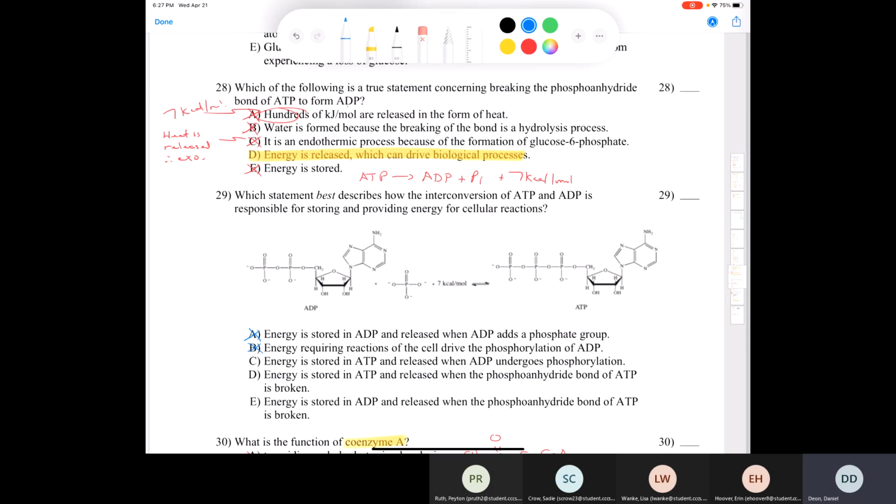No. Energy is stored in ATP and released when ADP undergoes phosphorylation. Also not true. Energy, however, is stored in ATP and released when the phosphoanhydride bond of ATP is broken to form ADP, and that is 100% correct. And then the last one, energy stored in ADP is released when the phosphoanhydride bond of ATP is broken. That is just plain wrong as well.